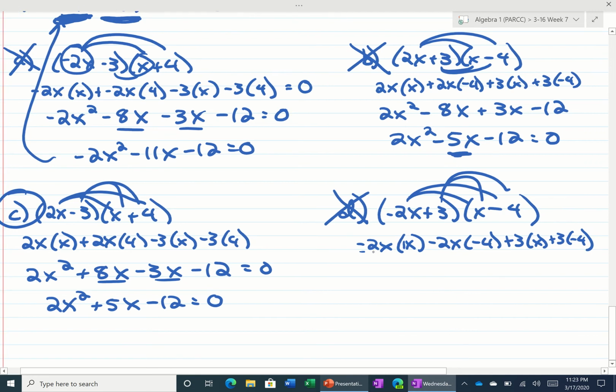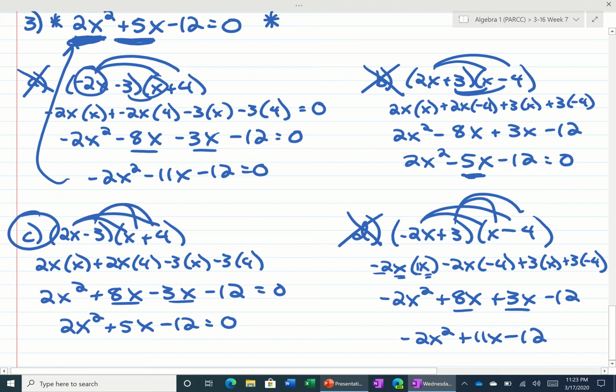Remember, we multiply the numbers, and anytime we multiply the same letter, we add their powers. This would be negative 2x squared plus 8x plus 3x minus 12. Combining our like terms would be negative 2x squared plus 11x minus 12. And that is not what they give us, so the correct answer is C.